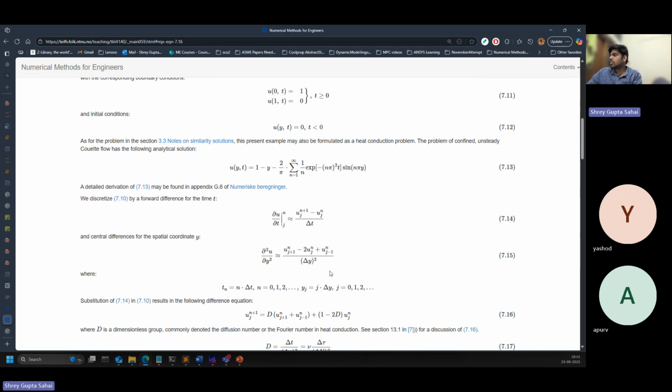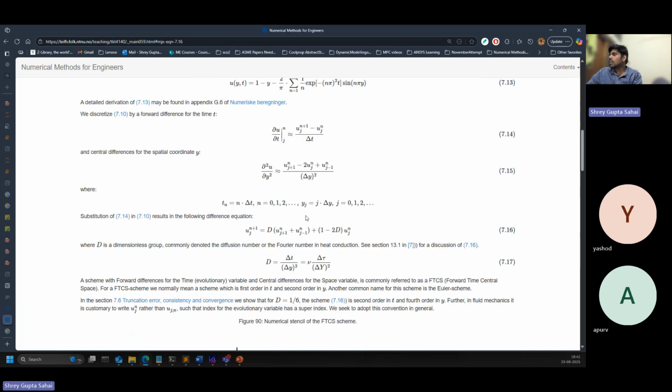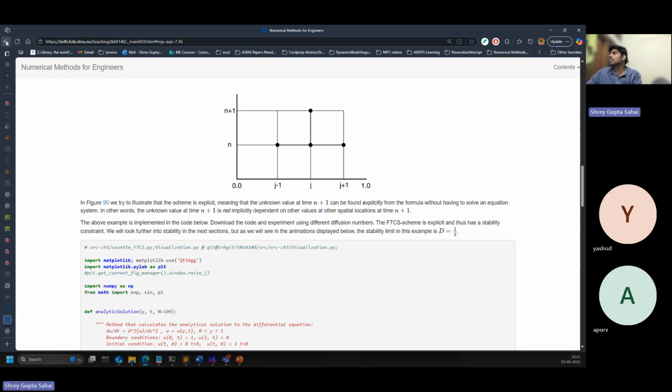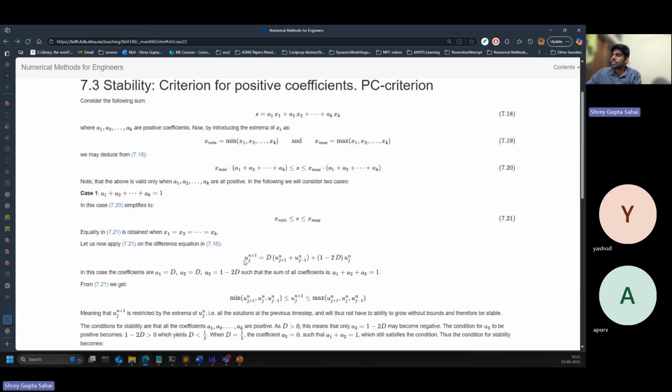If you solve for this, you will find this governing difference equation, where D is also given. I'm going quickly because I'm going over these things in a hand-wavy manner. Essentially, you will have your governing difference equations.